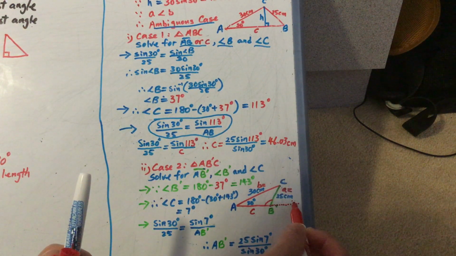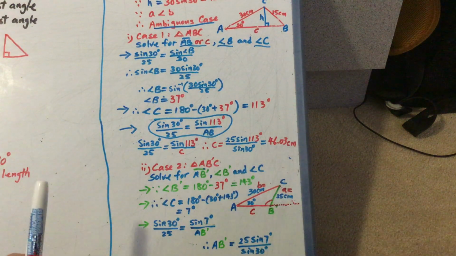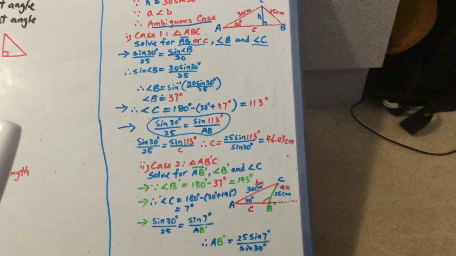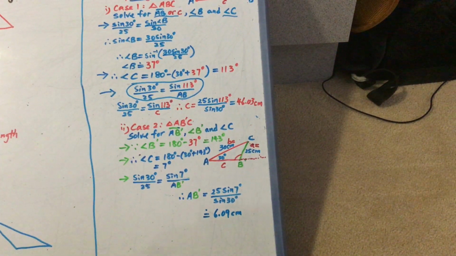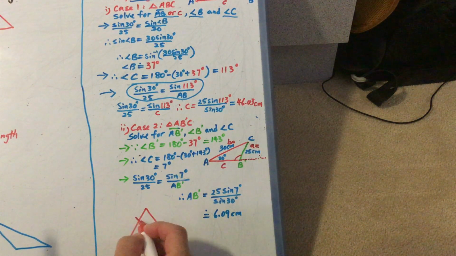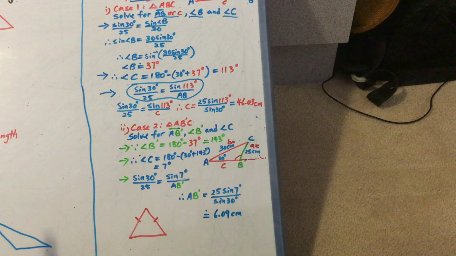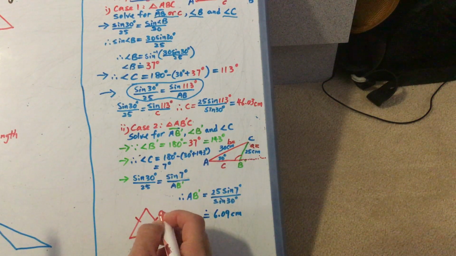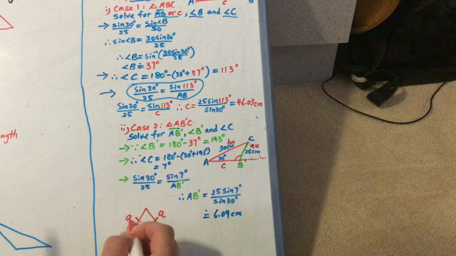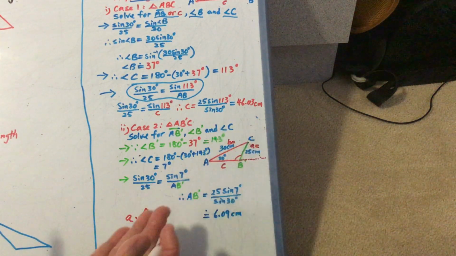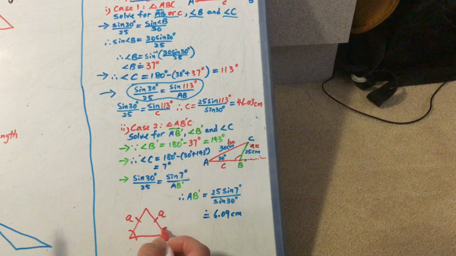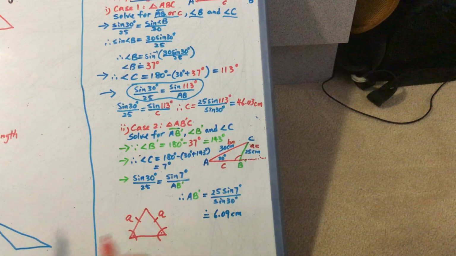I just want to remind everyone that in a triangle with the same length, let's say this is my A from before, and this is my length A from after I put it inward, because they're the same length, that means the angles down here must be the same.